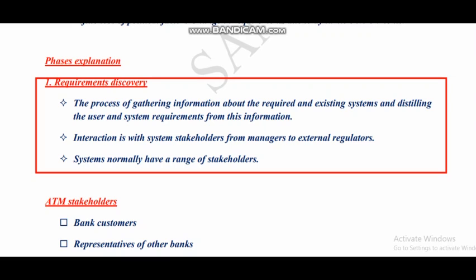This is the process of gathering information, as I told you. How do you gather the information? By interacting with different kinds of users. As I have already explained, in the same way you have to write about requirement discovery, that is the first phase of requirement elicitation and analysis.